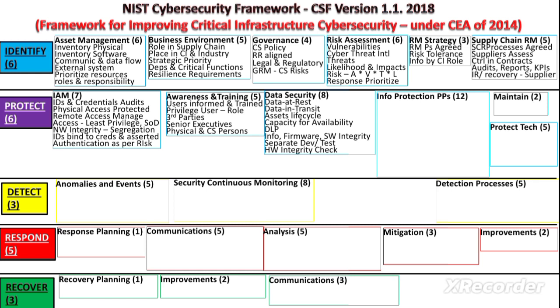Then you have to ensure the integrity of your information firmware or software, and you have to keep the development or test environment separate from the production network. And lastly, in data security, you have to ensure the hardware integrity check.